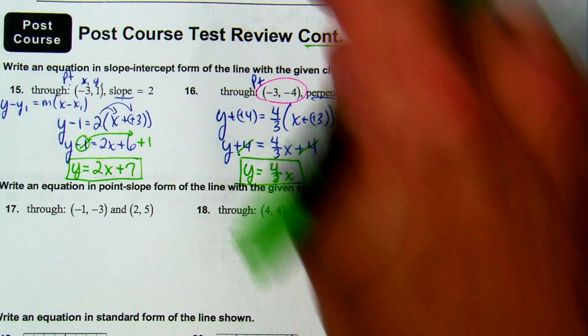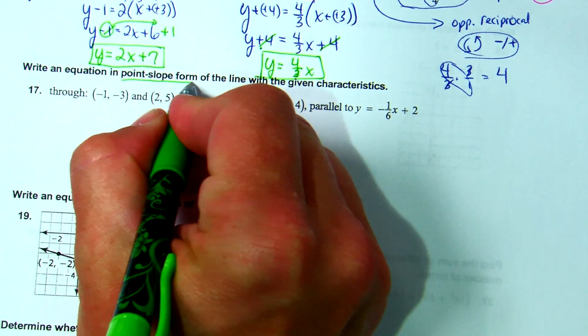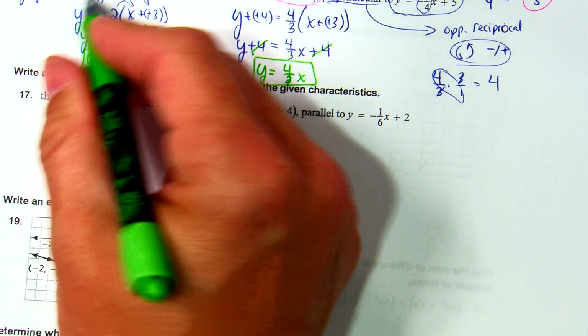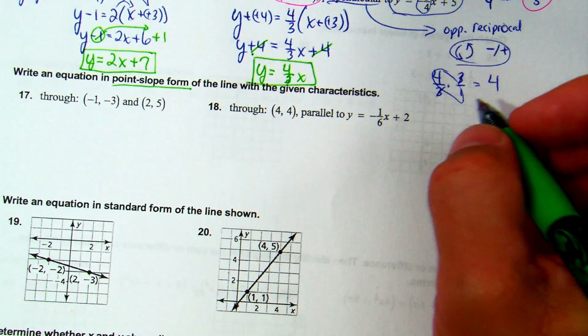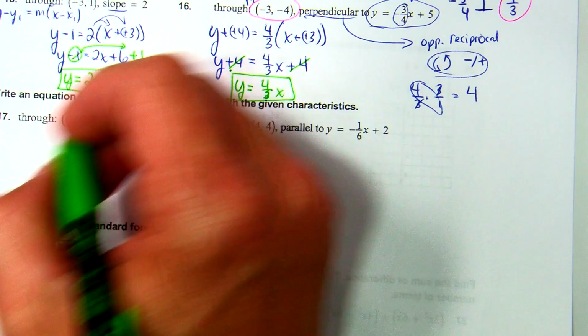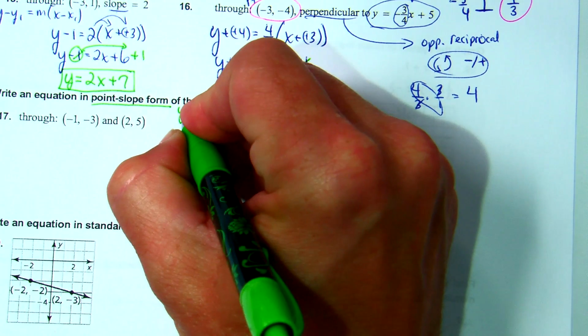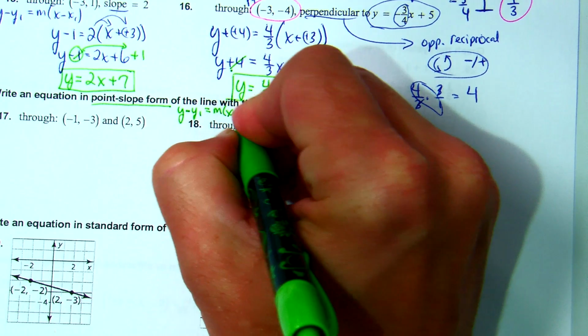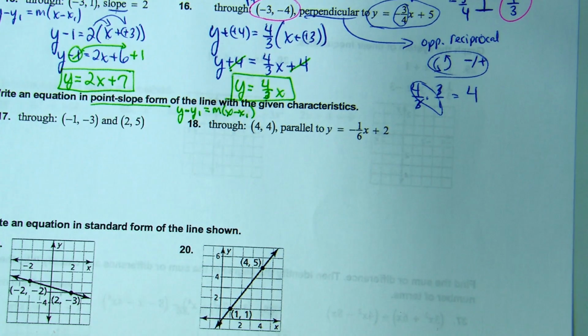All right, number 17, write an equation in point slope form. Now, this is the one that we're just using to start with here. All right, so the point slope form was our, let's write it right here. Y minus y1 equals the slope times x minus x1. Okay, they give us a point, they give us a slope.